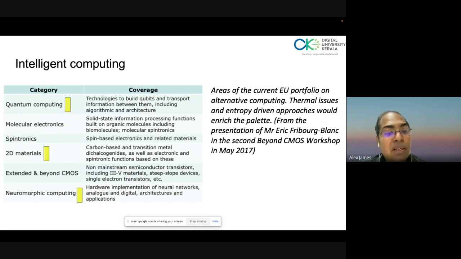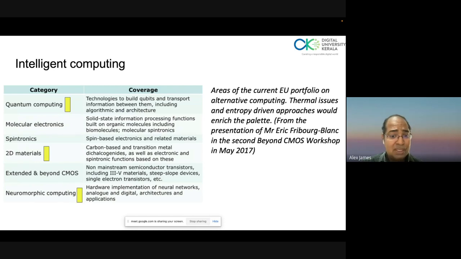As of today, some of the promising technologies out there are quantum computing, molecular electronics, spintronics, and 2D materials being used. You can see beyond-CMOS technologies being explored, and neuromorphic computing. The ones that I marked there, I personally think, would have a much bigger role compared to the other ones, because the other ones may take a bit more time.